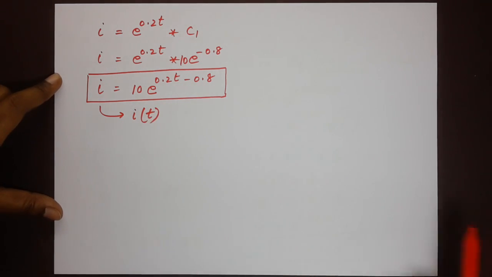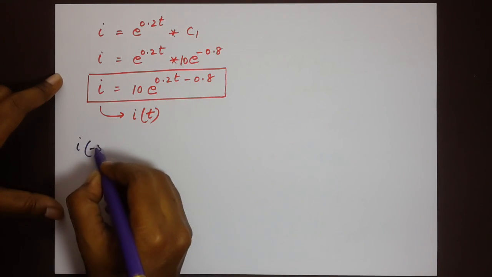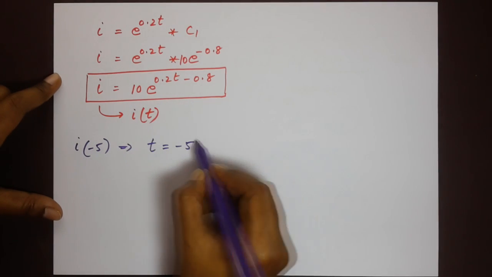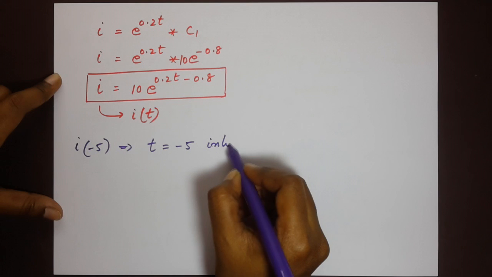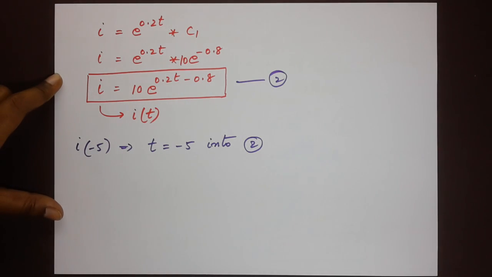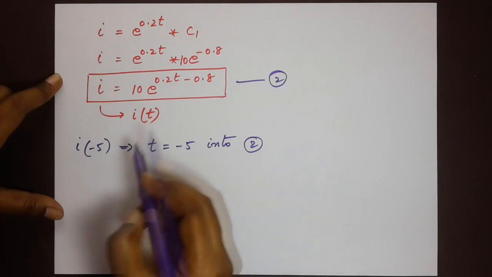Now the question asks us to find the value of i(-5). We need i(-5). So all we have to do is substitute t equal to minus 5 into equation 2. So let's substitute minus 5 here.